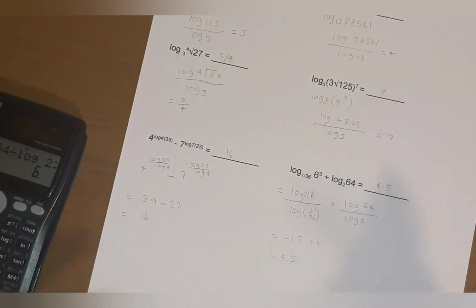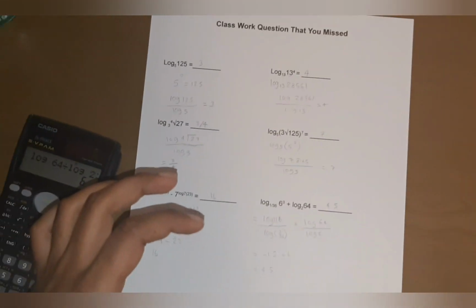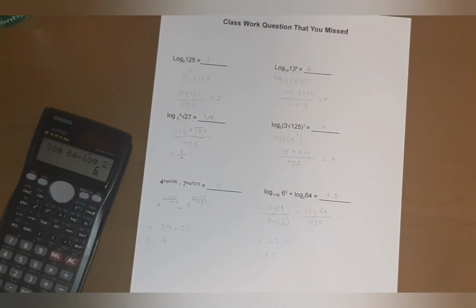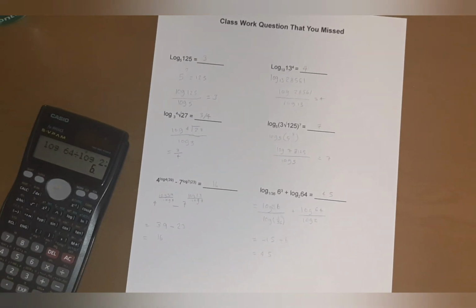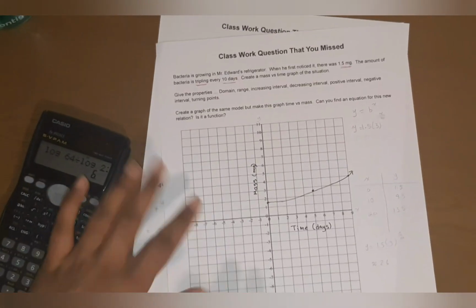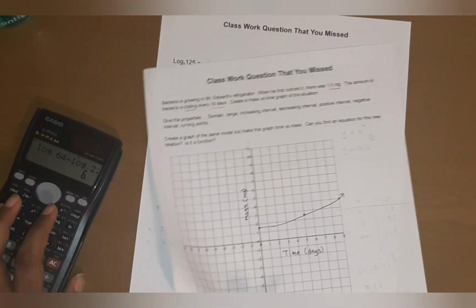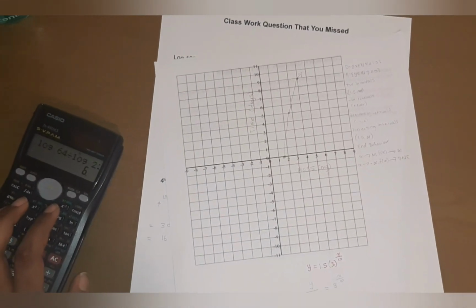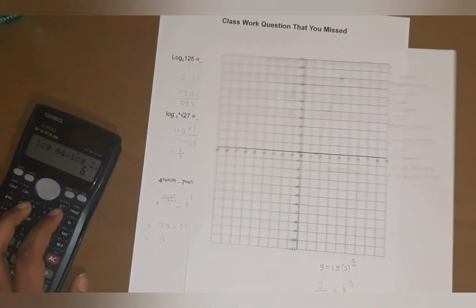And this is how you would solve for logarithms. You just have to follow exponent rules, BEDMAS, and also the new concept of logarithms. Okay, and now I just want to go over a previous lesson that we did in class, and I want to go back to this question.